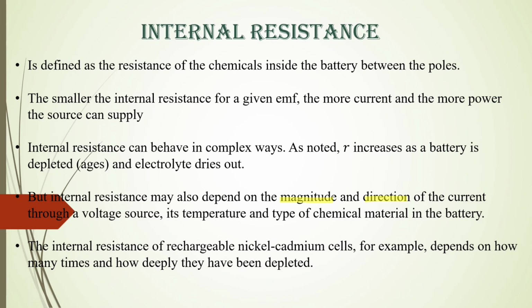The internal resistance of a rechargeable cadmium cell, for example, depends on how many times and how deeply it has been depleted. Example question for subtopic 3.4, number 5. A 12-volt battery has an internal resistance of 1.5 ohm. It is connected to a 6.0 ohm resistor.